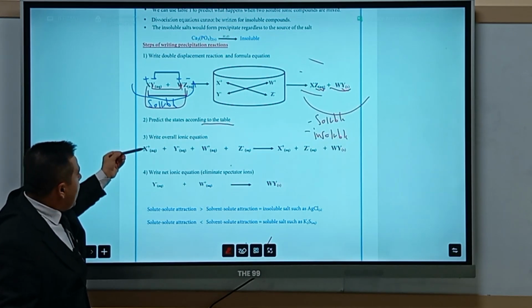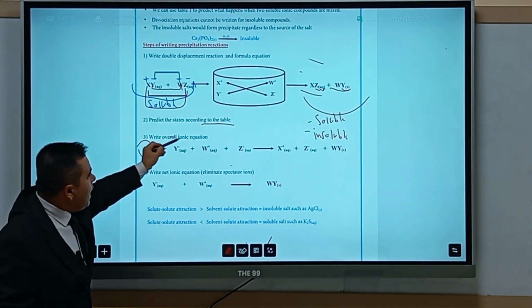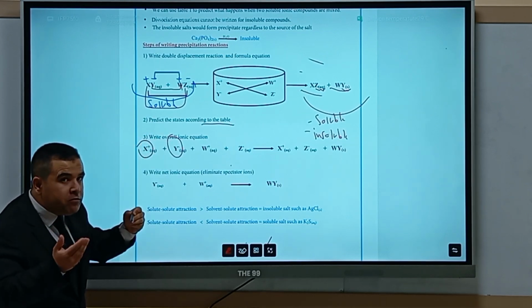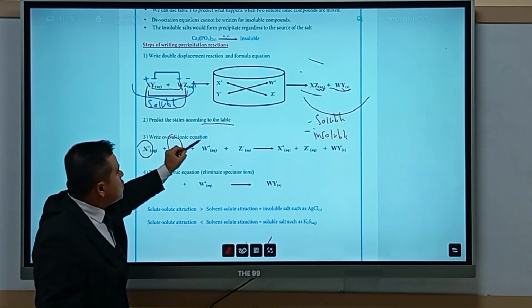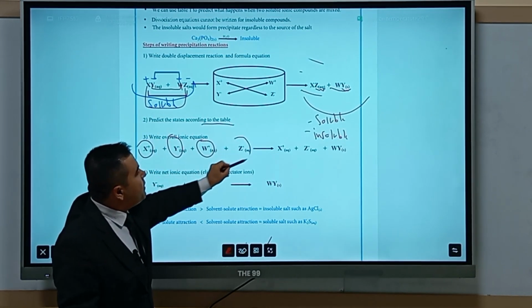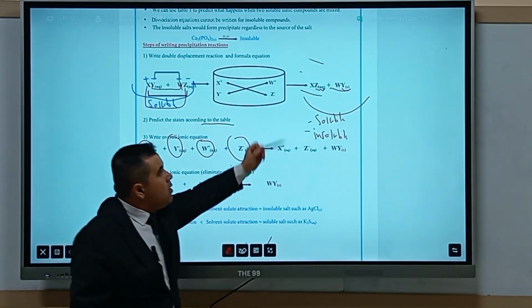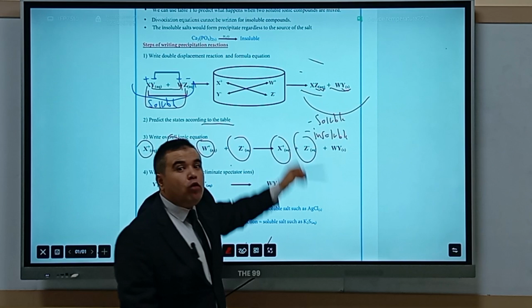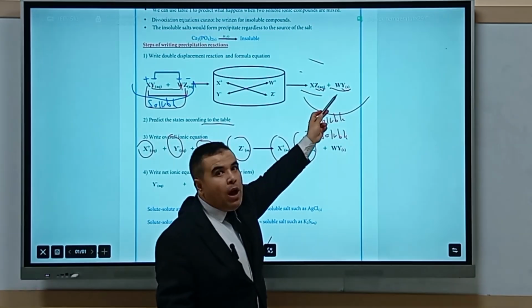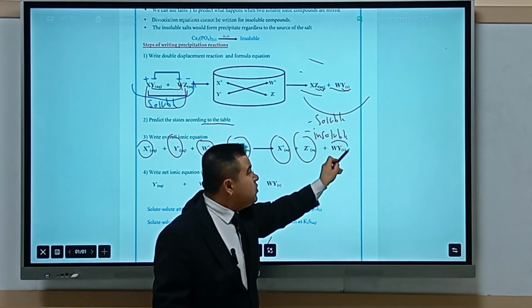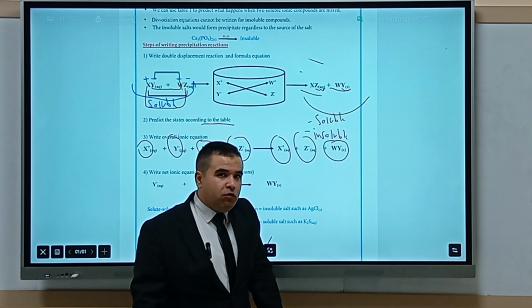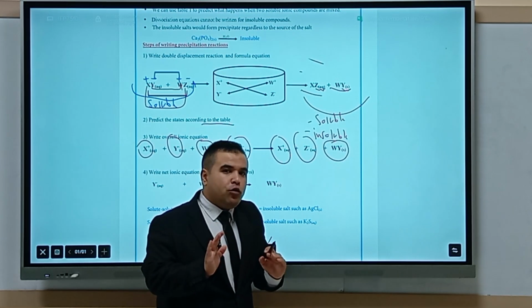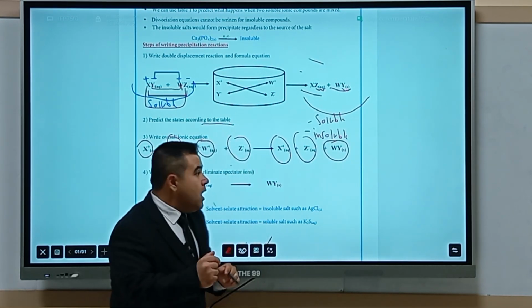XY dissociates into X and Y because it's soluble. WZ dissociates into W and Z because it's soluble. XZ dissociates into X and Z because it's soluble. WY stays unchanged. Why? Because it's insoluble. That's the overall ionic equation.